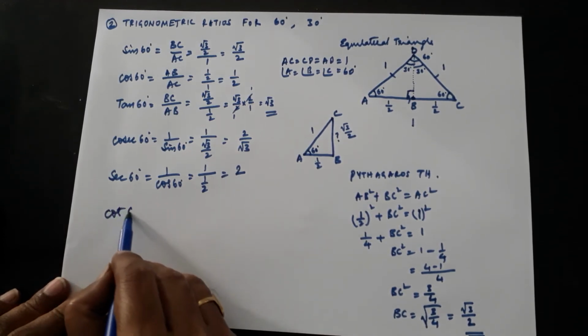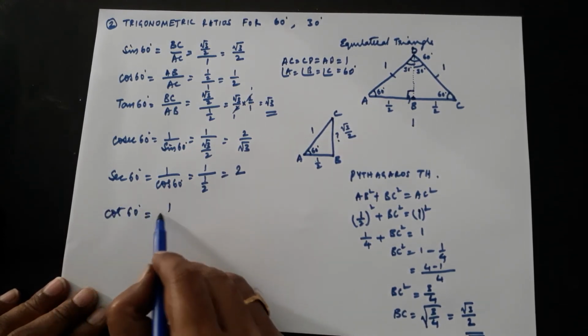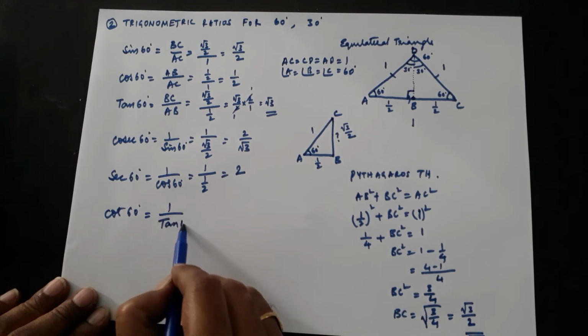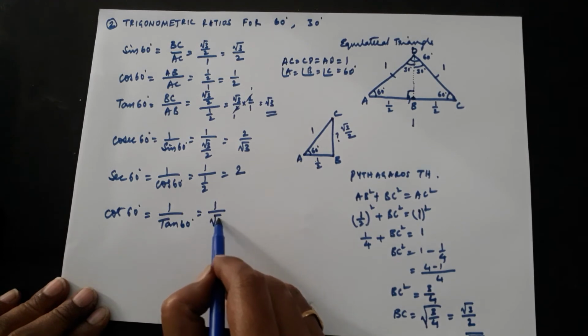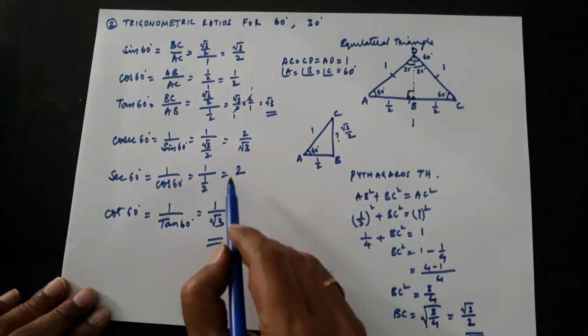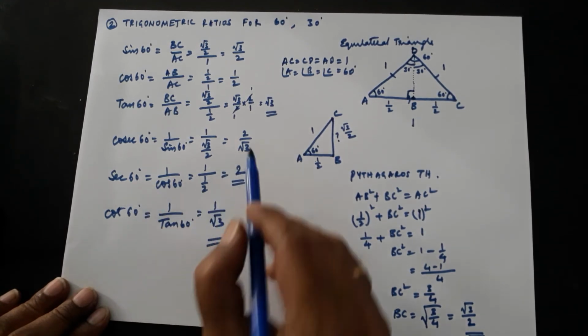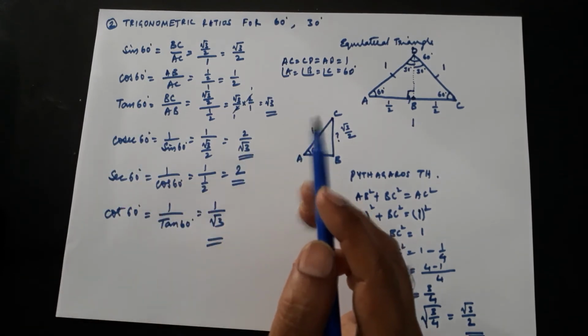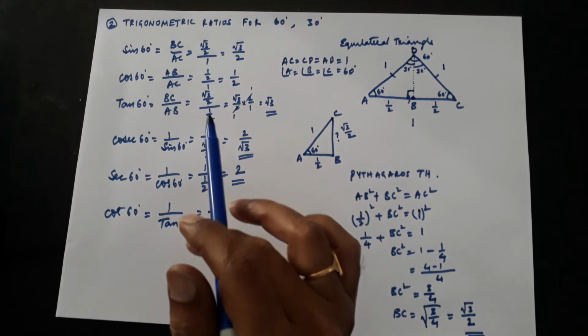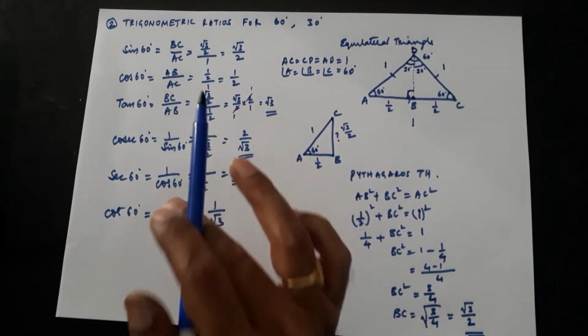Cot 60 is 1 by tan 60. Tan 60 is root 3. So this will be 1 by root 3. Cosecant 60, 2 by root 3. Okay, we got all the trigonometrical ratios for angle 60.